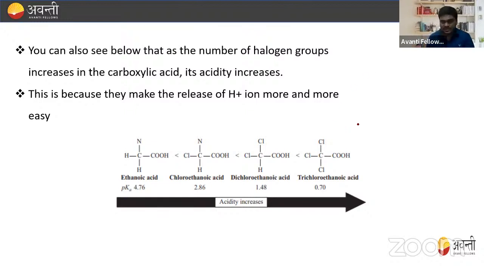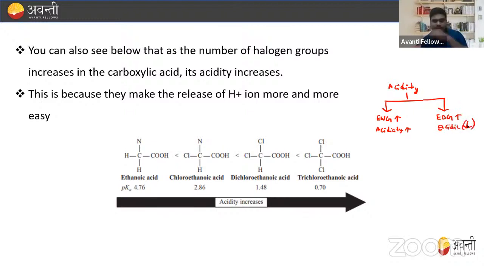So remember one thing, for acidity, if electron withdrawing groups increase, then acidity also increases. Now, if electron donating groups increase, then acidic character starts decreasing. Remember this.